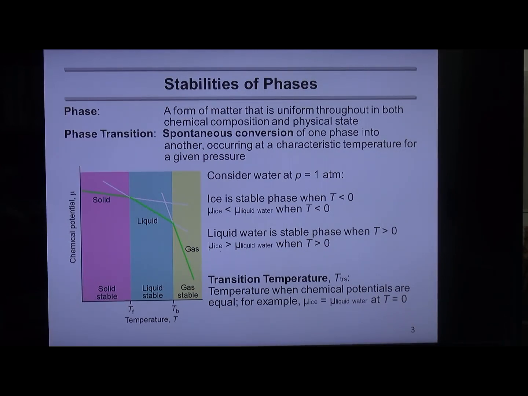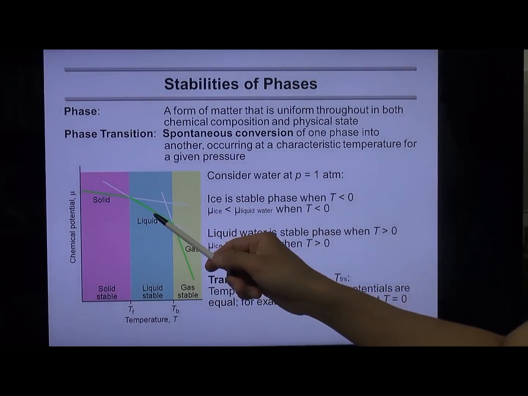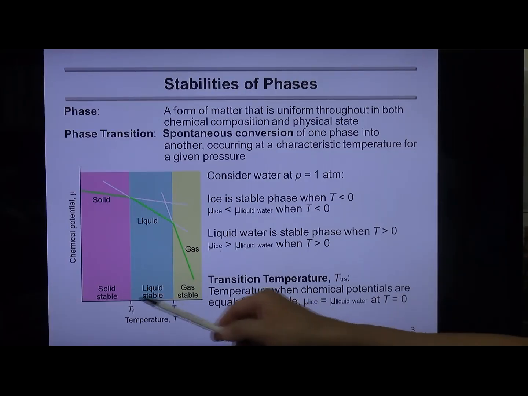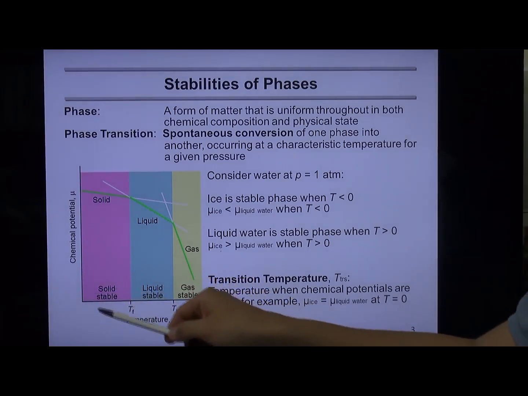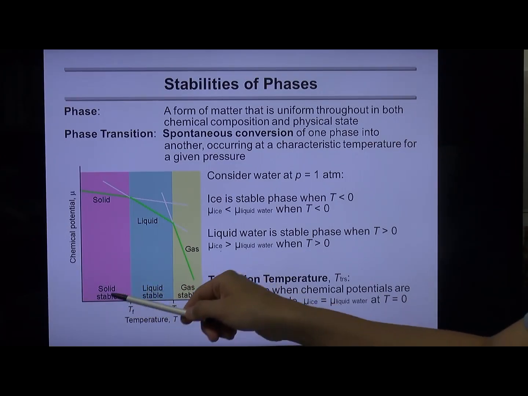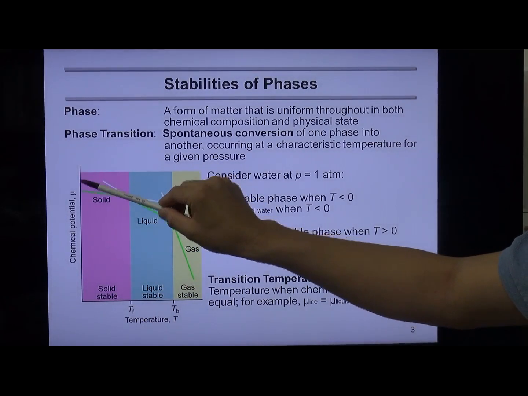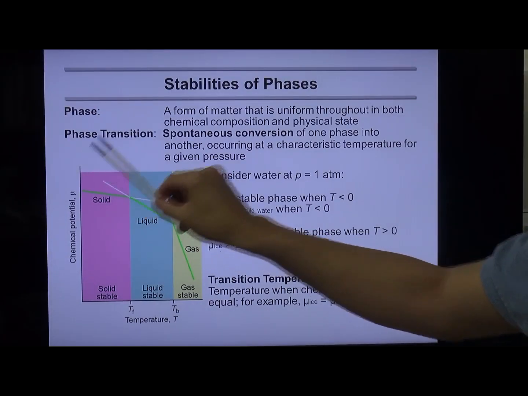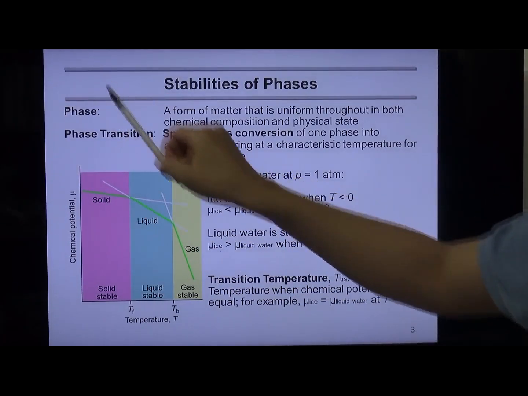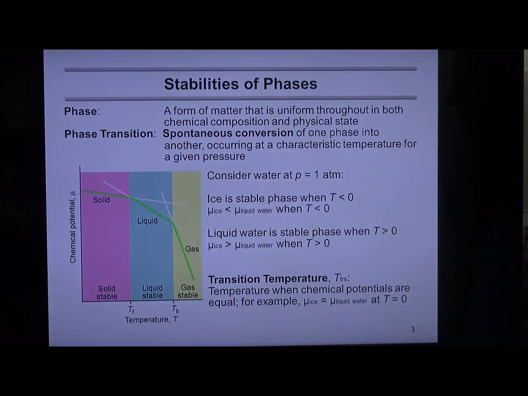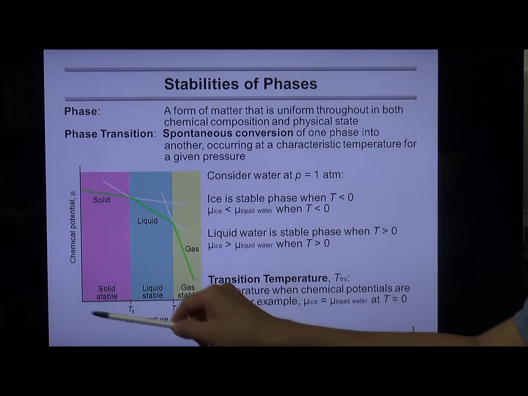And let's compare chemical potential of solid, liquid, and gas at a given temperature. For example, in this region at low temperature, chemical potential of solid is here, liquid is here, gas is somewhere here. Solid has the lowest chemical potential when temperature is low.